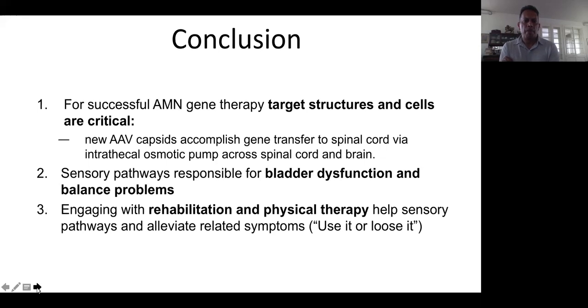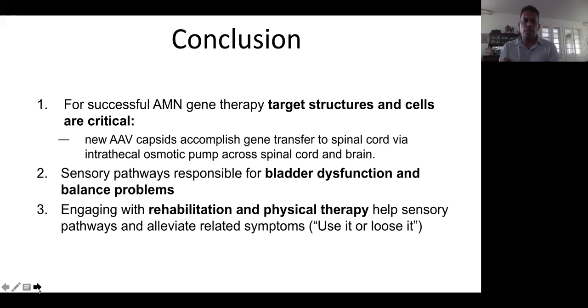But I'm going to end here by emphasizing that the understanding of how to remain engaged with exercise, with physical therapy, with occupational therapy is essential.